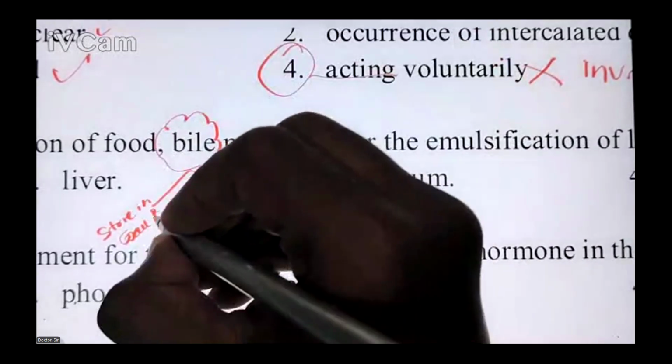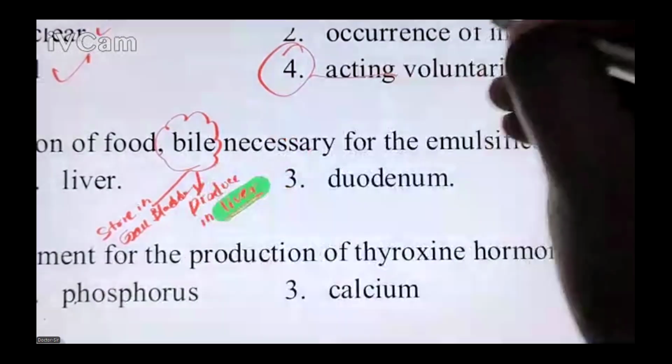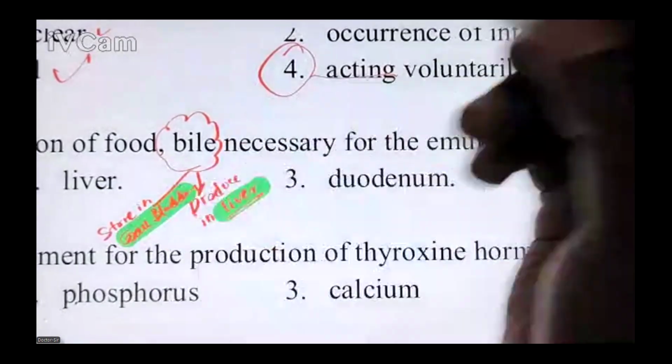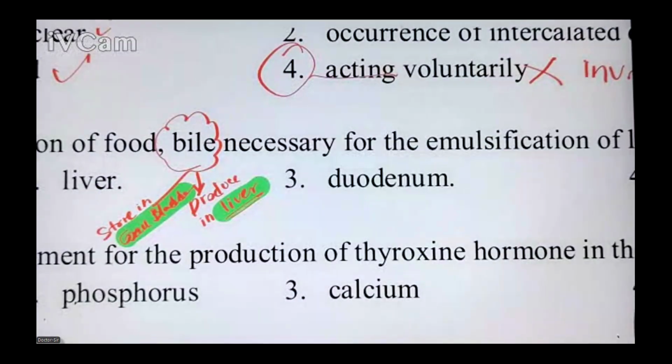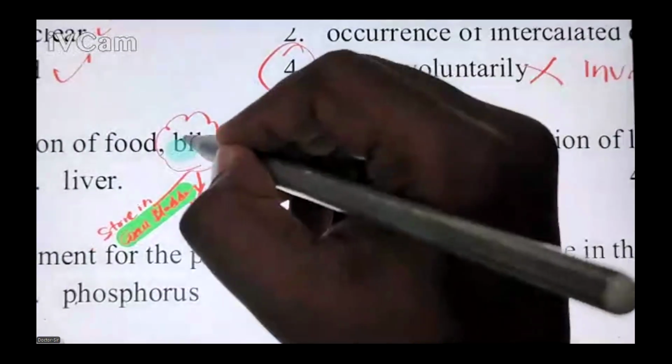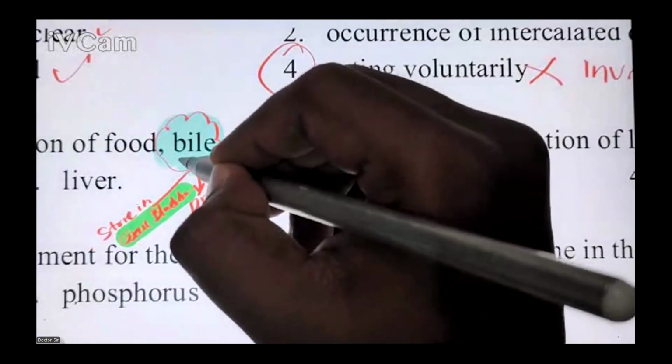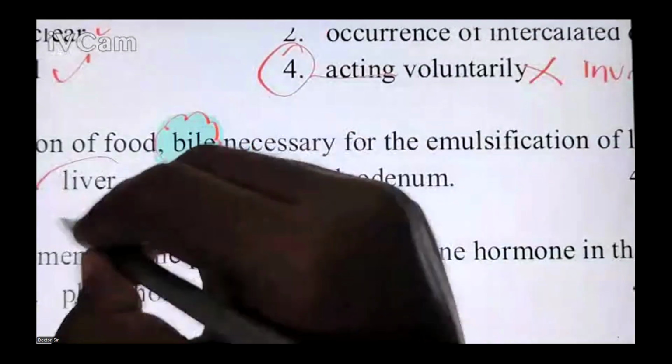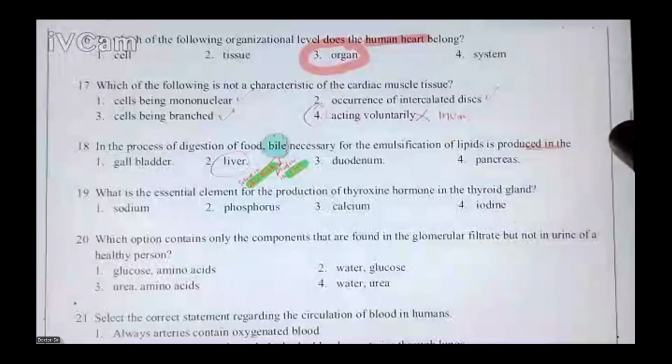Bile is important for emulsification of our lipid digestion. So the answer is 2.